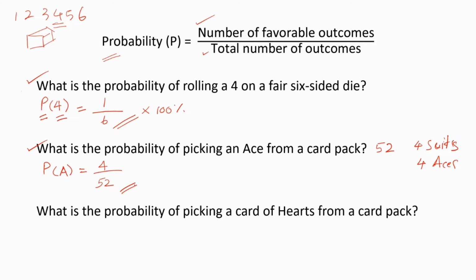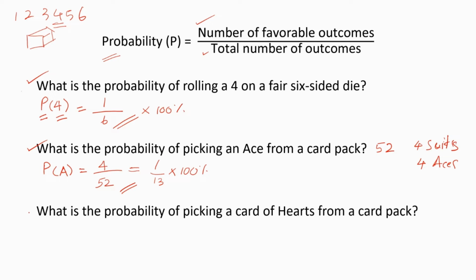This is the probability of picking an ace from a card pack. We can simplify this probability value by dividing both the numerator and the denominator by 4, so this equals 1 over 13. If we want to convert this probability into a percentage value, we can simply multiply this by 100%.